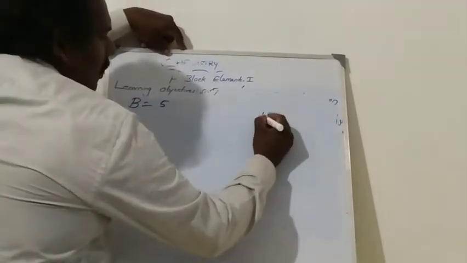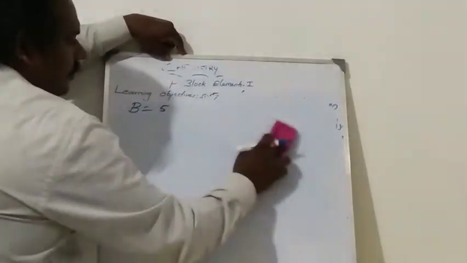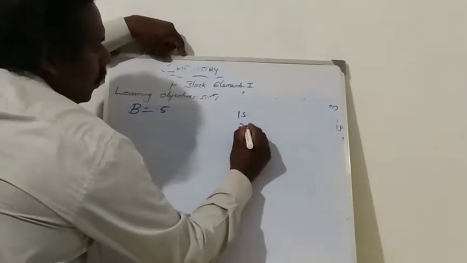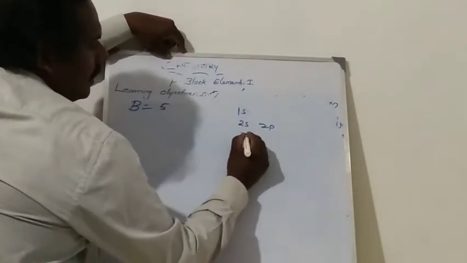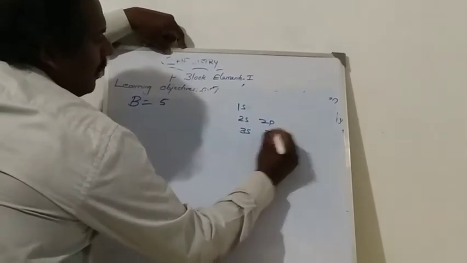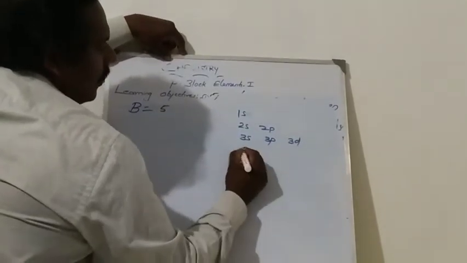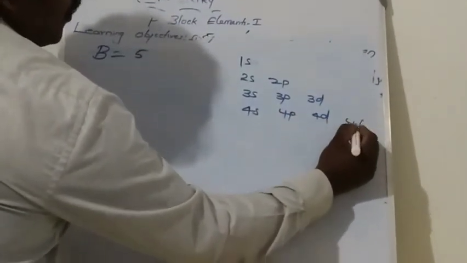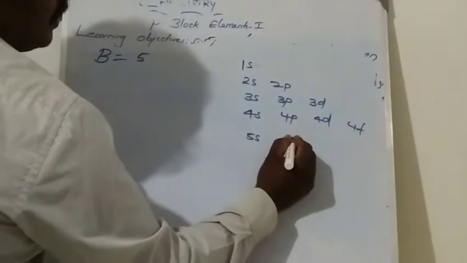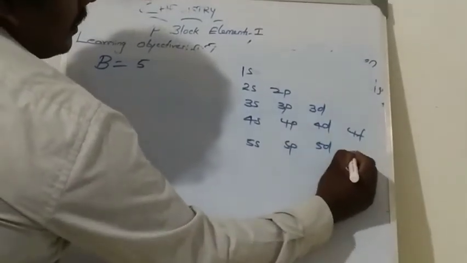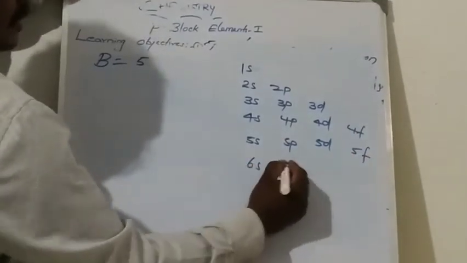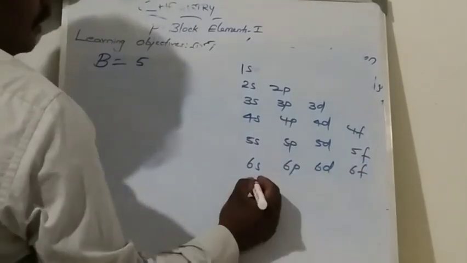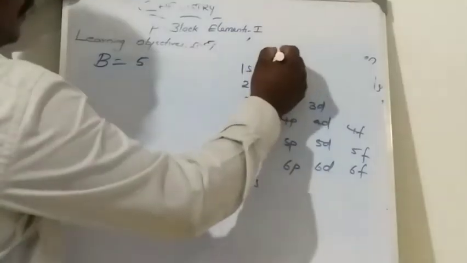As per this rule: 1s, 2s, 2p, 3s, 3p, 3d, 4s, 4p, 4d, 4f, 5s, 5p, 5d, 5f, 6s, 6p, 6d, 7s, etc.